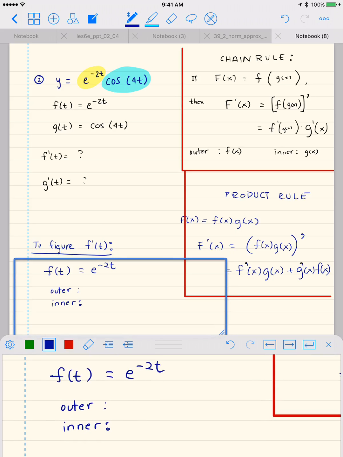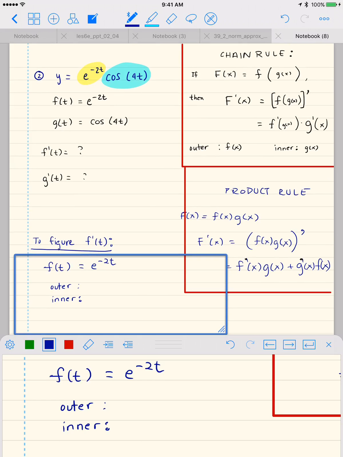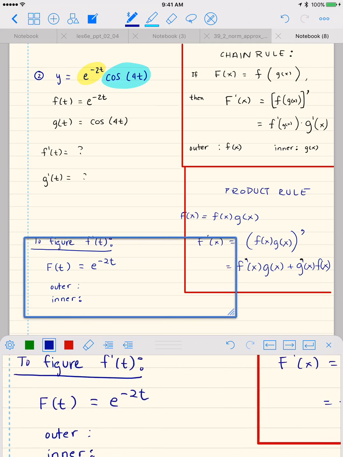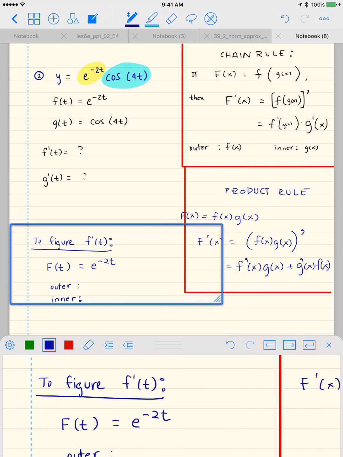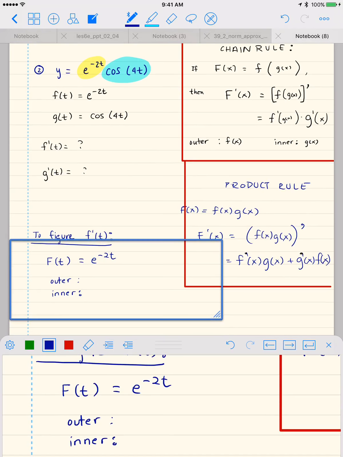And what I'm going to do, just to make my life easier, is I'm going to rewrite this as big F of t. Okay? And the reason why is because I'm going to use little f and little g for my formula over here. So my outer function is just e to the t, and my inner function is negative 2t. Okay.